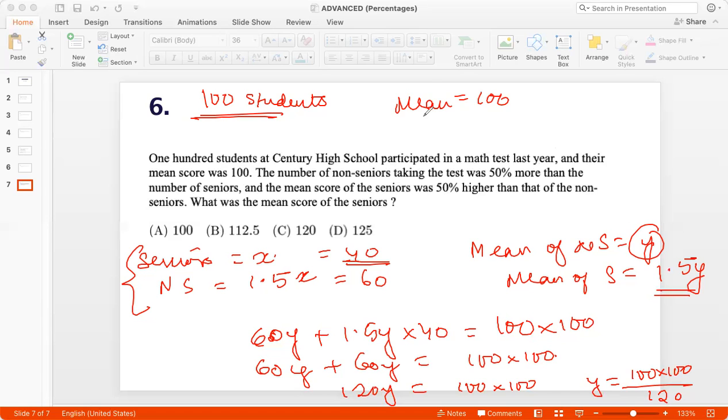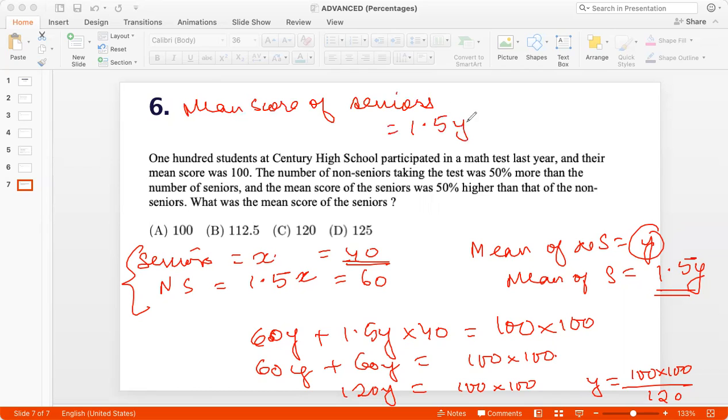So the mean score of seniors is 1.5y, which is 1.5 times 100 into 100 divided by 120.